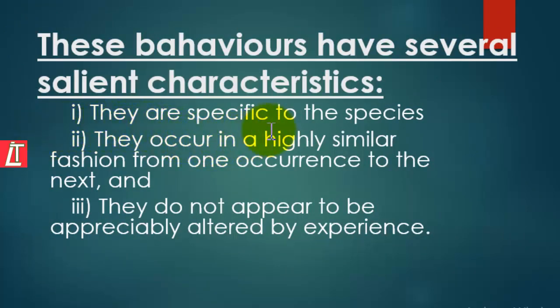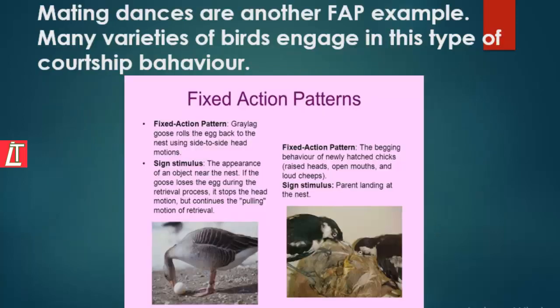They are specific to the species. They occur in a highly similar fashion from one occurrence to the next, and they do not appear to be appreciably altered by experience. Mating dances are another FAP example. Many varieties of birds engage in this type of courtship behavior.